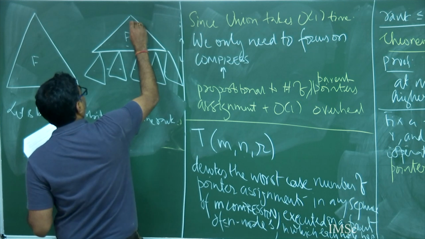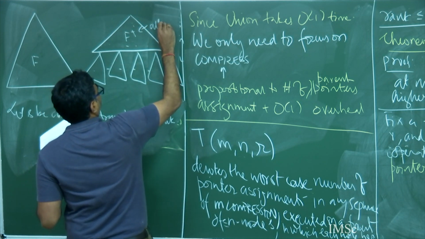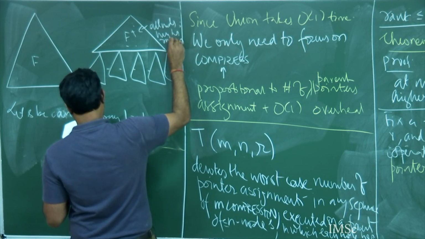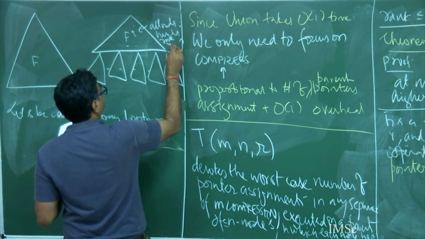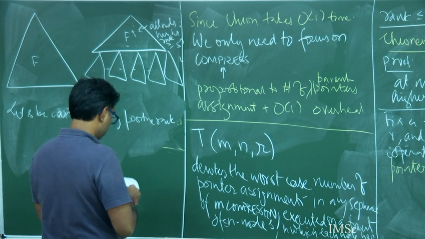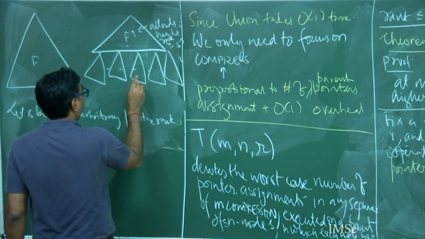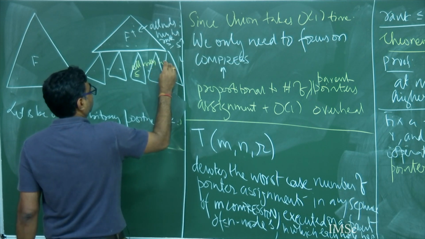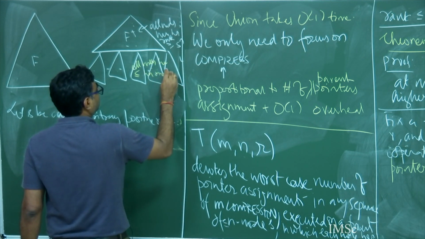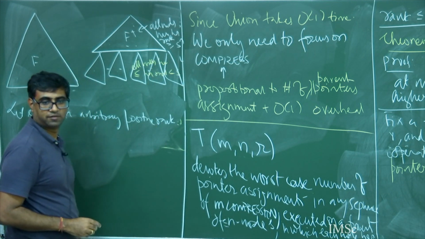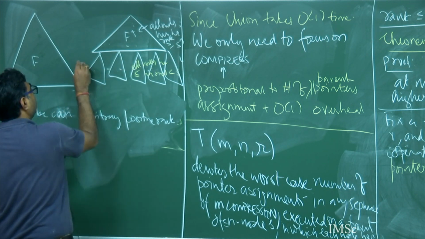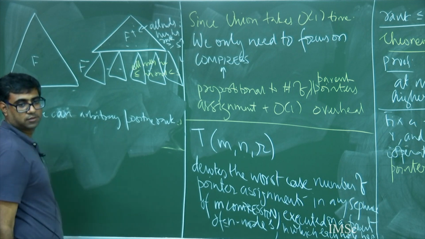All the nodes here have rank greater than or equal to S. All nodes here have rank strictly less than S. We are going to call this F plus, and this F minus.